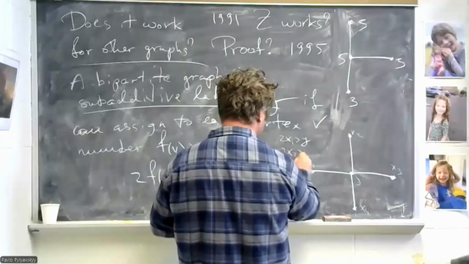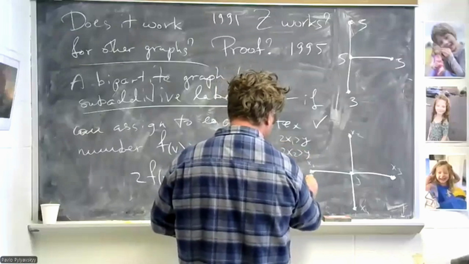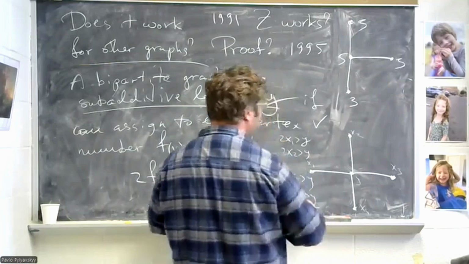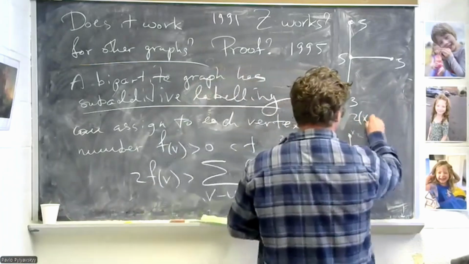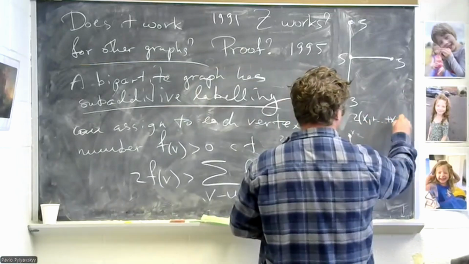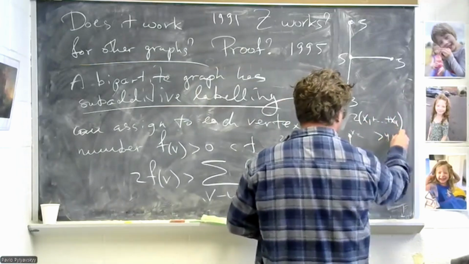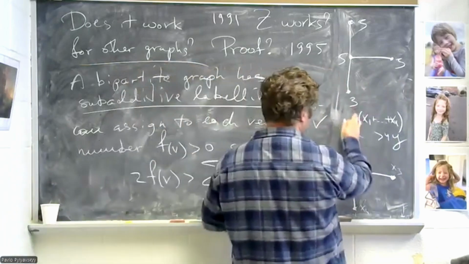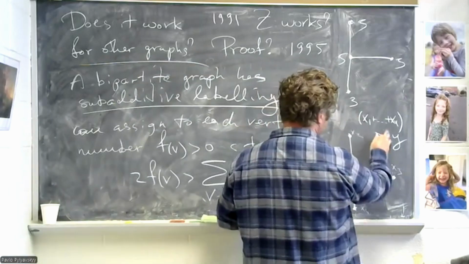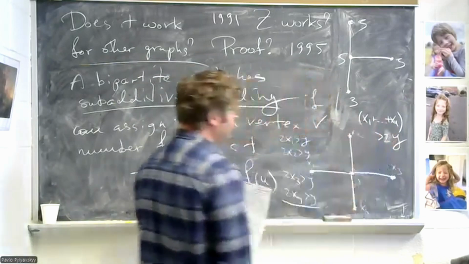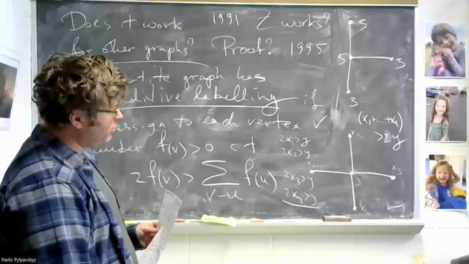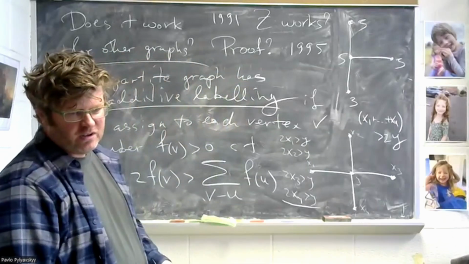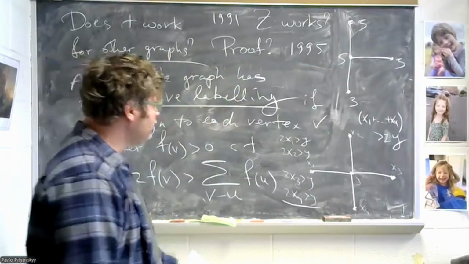Twice x2 bigger than y, twice x3 bigger than y, twice x4 bigger than y. But if we add them all up, we will get that twice the sum of those is bigger than 4y. Or in other words, the sum of those is bigger than 2y. But that's exactly the other way around, right? 2y should be bigger than the sum of the neighbors. Okay, so this one doesn't work.